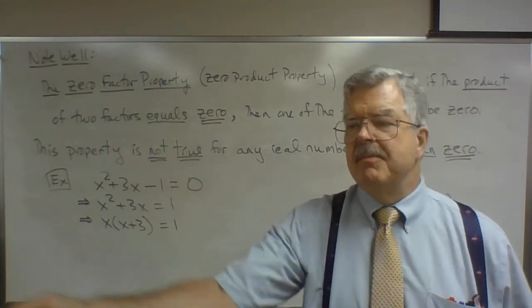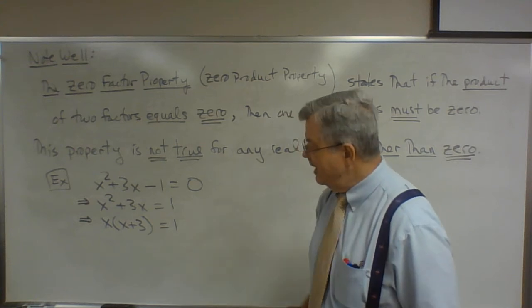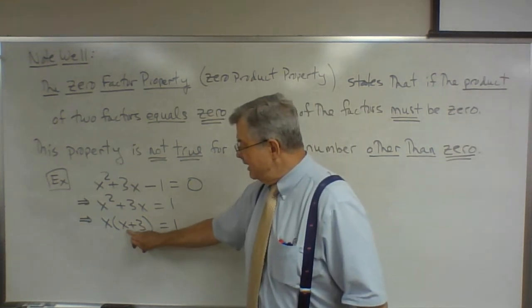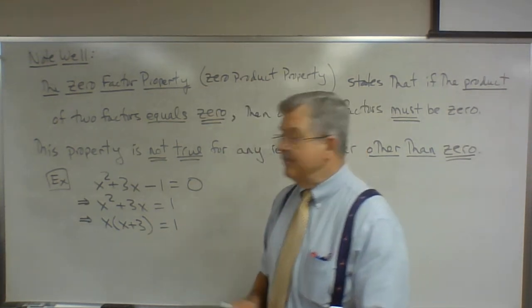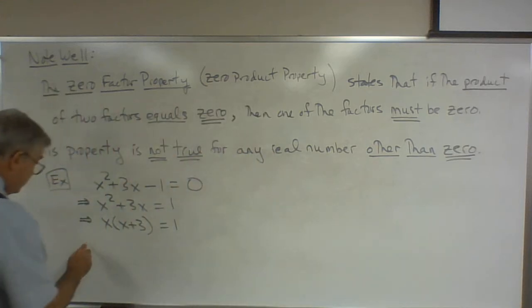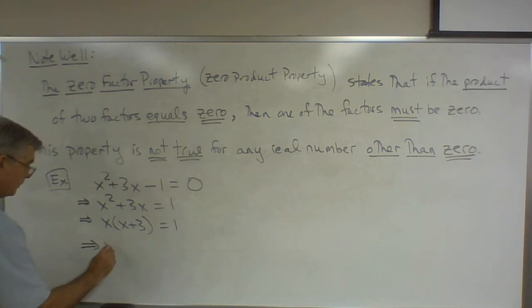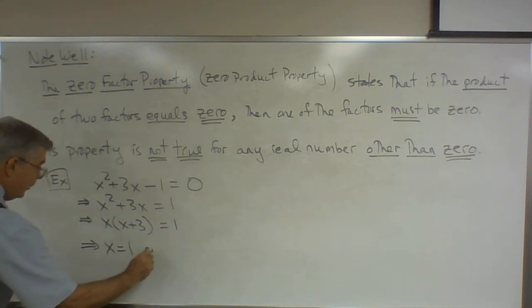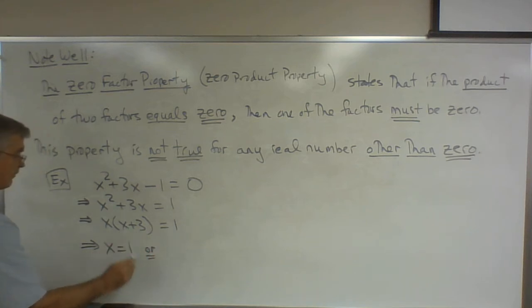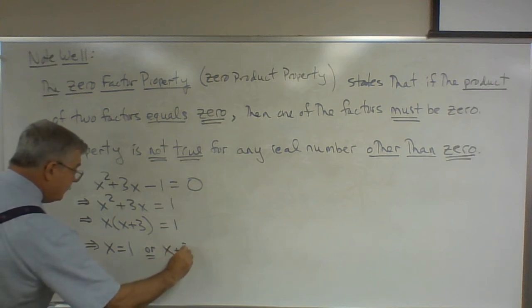I see some people get to this point and then they say, x times x plus 3 equals 1. So that must mean that either the first factor is equal to 1 or the second factor is equal to 1.